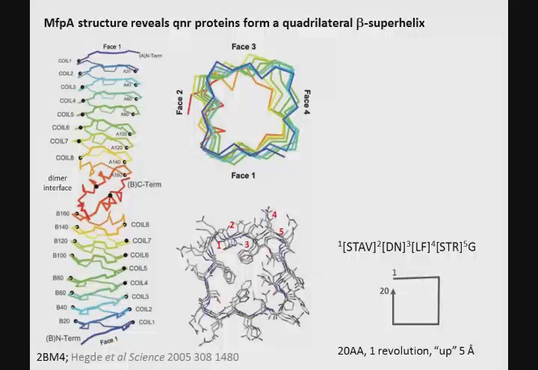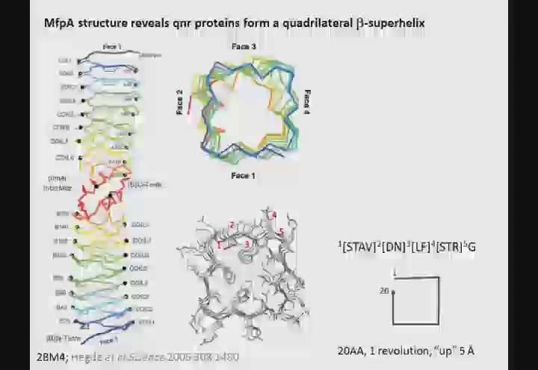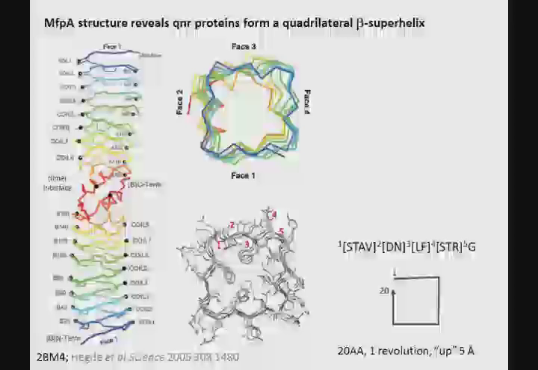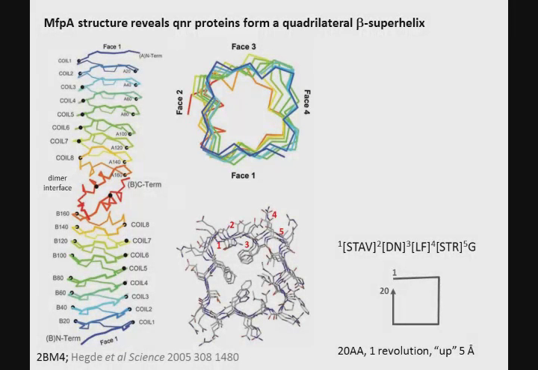And you can see that amino acid 1, you face solution, 2, you're small on the face, 3, you're hydrophobic to pack, 4, you're polar because you go out, and 5, you're glycine because you have to make a tight turn. And these repeats all line up on one another. And at the middle, there's a dimer interface that comes about from a helix that can pivot.